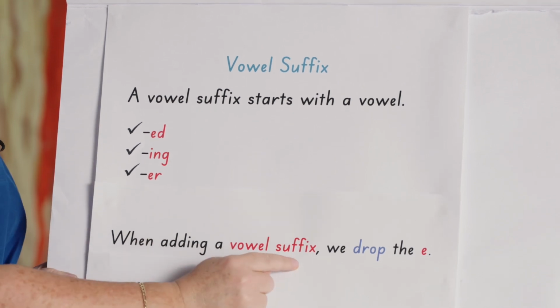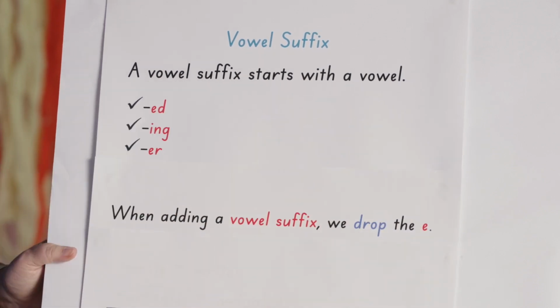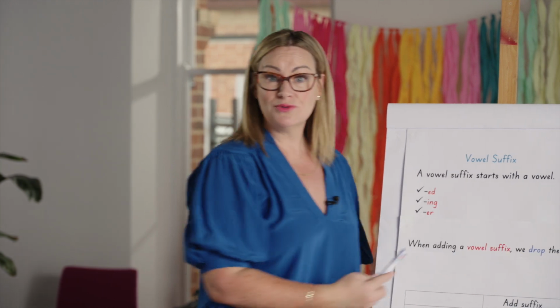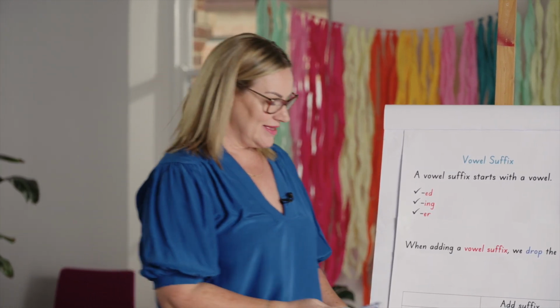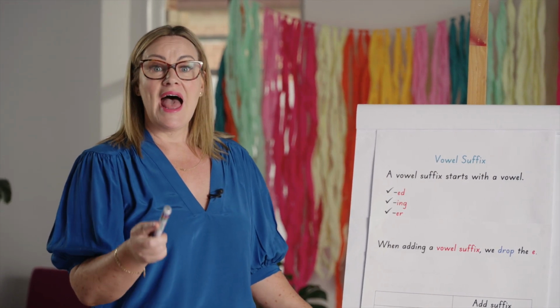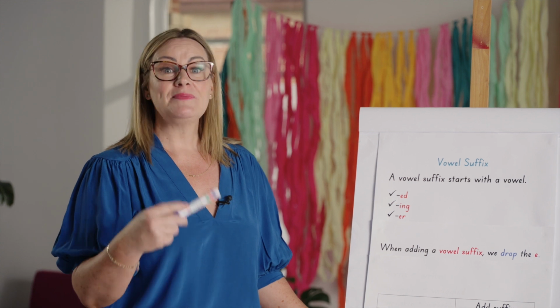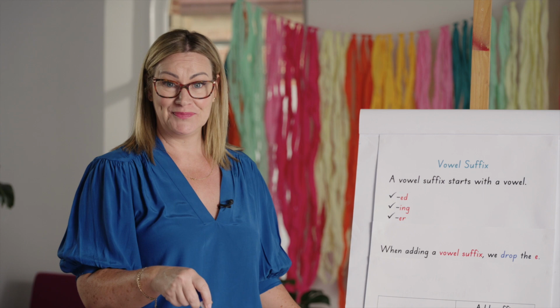When adding a vowel suffix, we drop the E. Okay, now we're going to practice this rule that we just talked about. So what I would like you to do is write these 3 words down on your page. And when you've done that, press play again and I will tell you which suffix to add.